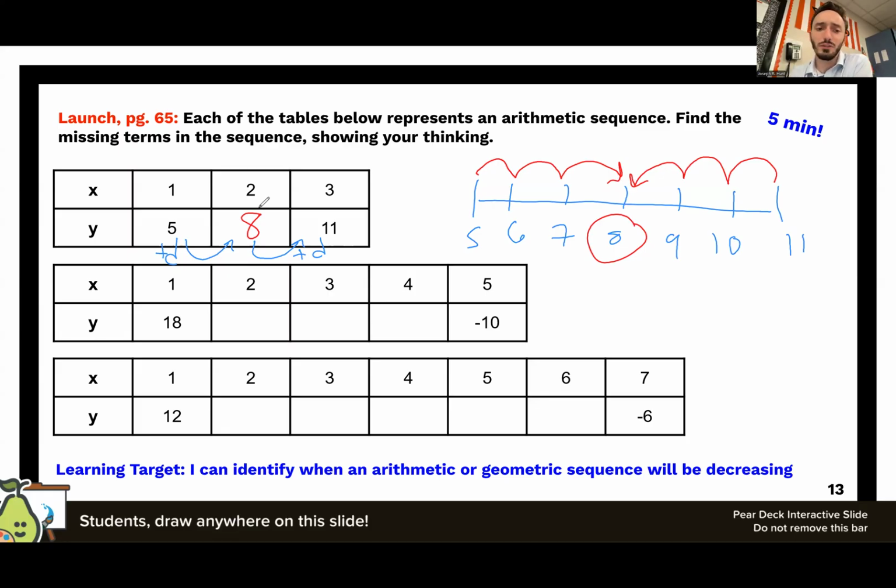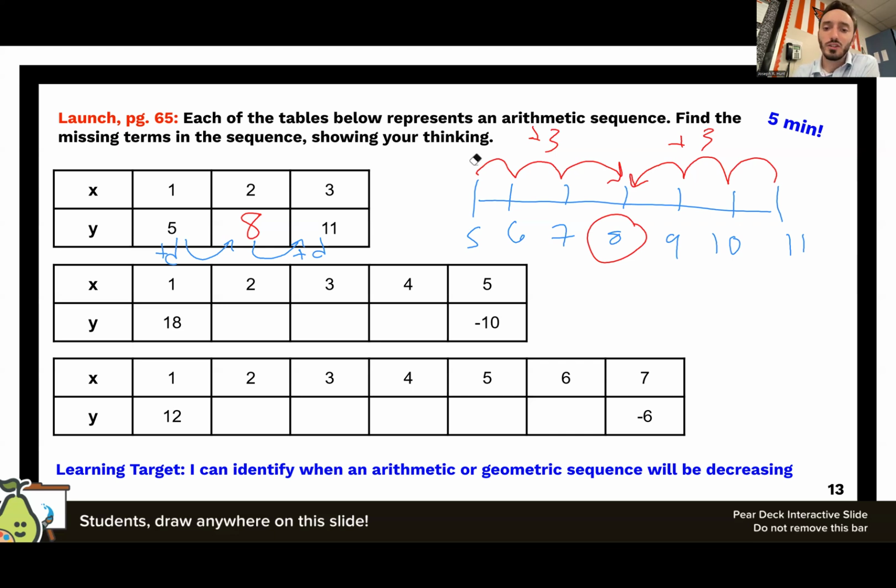So the common difference for this sequence must be plus 3, because if I do 5 plus 3, I get 8, and if I do 8 plus 3, I end at the correct value, which is 11. So knowing that this is an arithmetic sequence, I could think about how to get to that endpoint, and then that would give me a final answer.